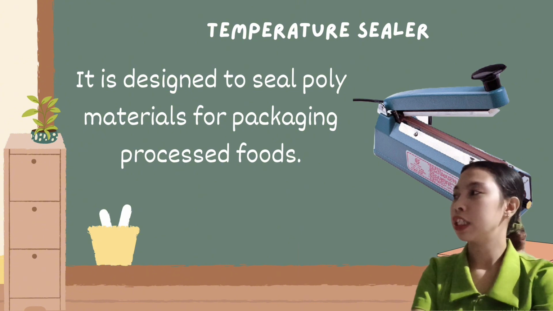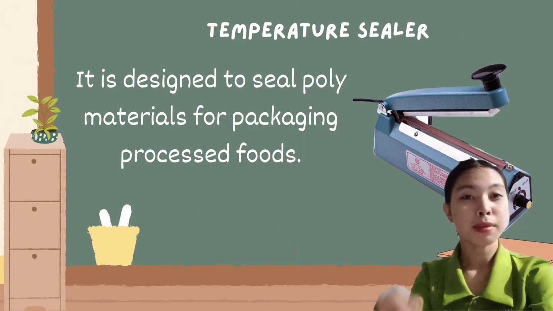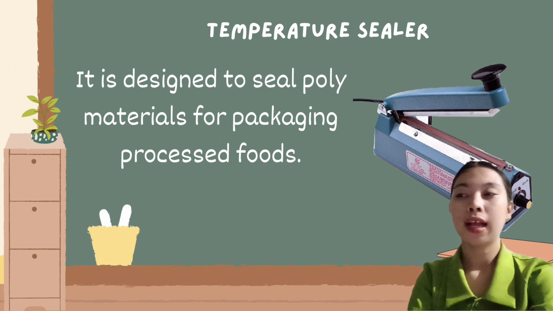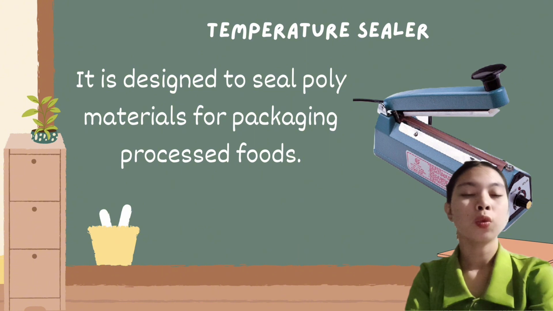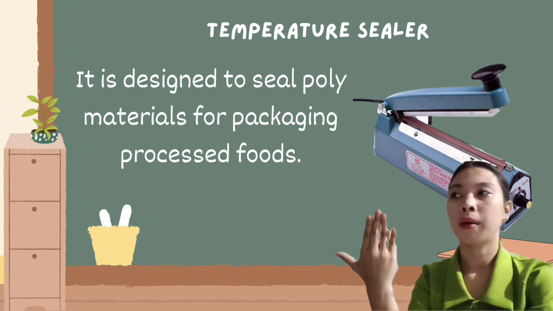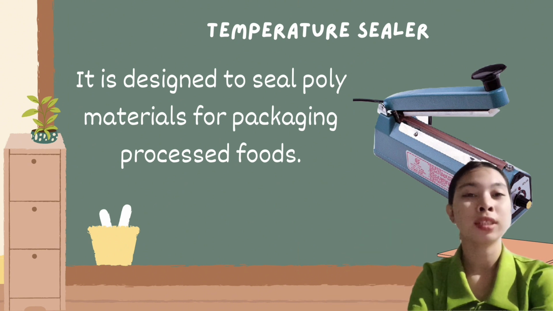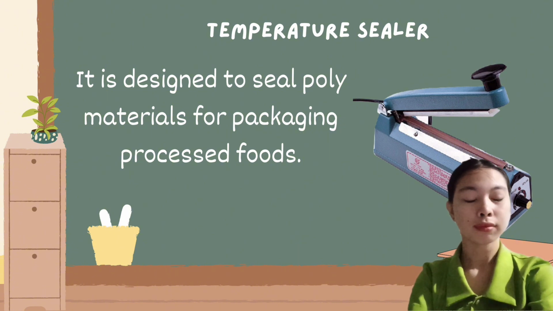So, the temperature sealer naman is, ito yung sa mga pack. Kunyari sa isang pack nyo, nilagay yung mga food nyo. So, we will just use temperature sealer para ma-package na mas mabuti and hindi mahanginan or lumabas yung oxygen doon sa pagkain. So, maiiwas natin ang pagkasira ng pagkain.